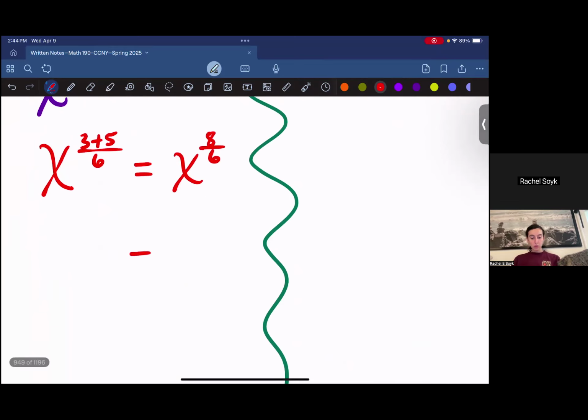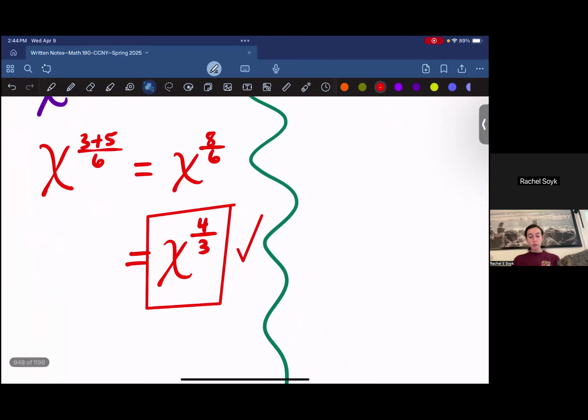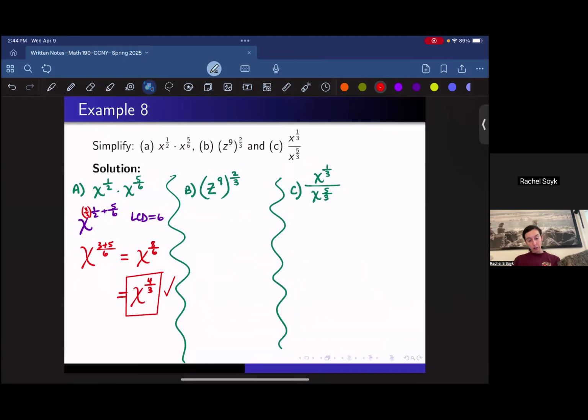And that's just reduced to x to the 4 over 3. Done. If you want to write it as a radical expression, you can also write it as the cube root of x raised to the fourth power. Either of these would suffice.